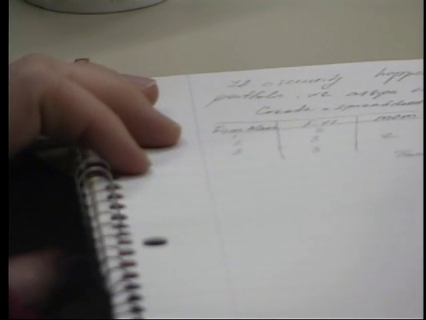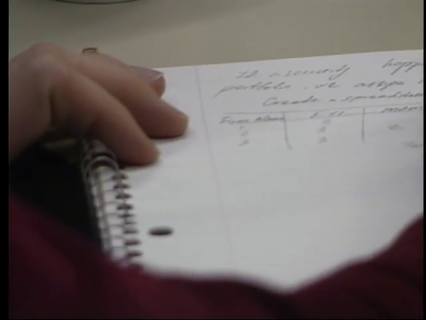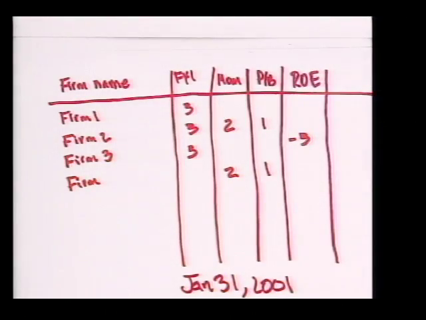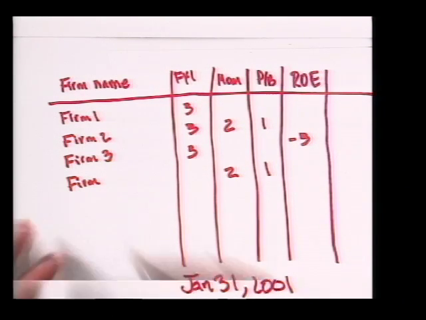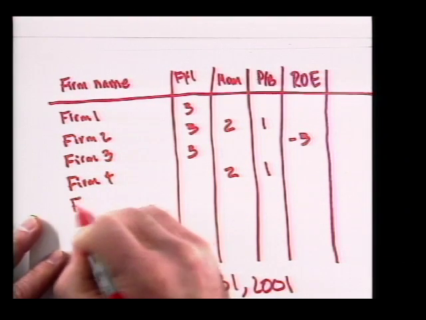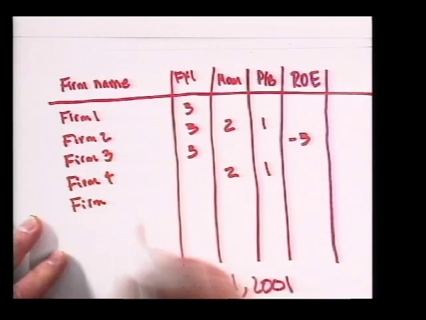And you can see basically what I'm doing here. Okay, so every security has the possibility of collecting 4 scores. Firm 5, there might be nothing.